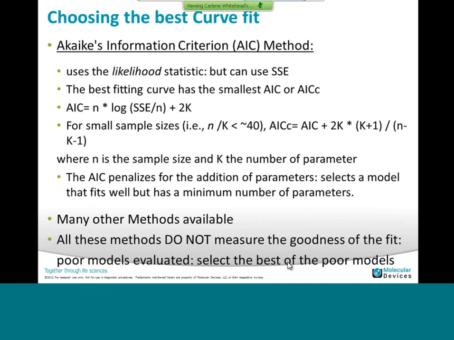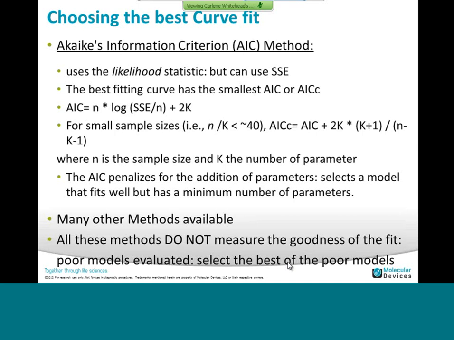Another method that has been implemented in the protocol is the Akaike information criterion method. This method uses the likelihood statistics, but it can also use the sum of square error. So here, in SoftMax 4, it has been implemented with the sum of square error. As for the previous method, the best fitting curve has the smallest AIC or AICc, which is calculated as the sample size multiplied by the log of the sum of square error divided by n, plus 2k.